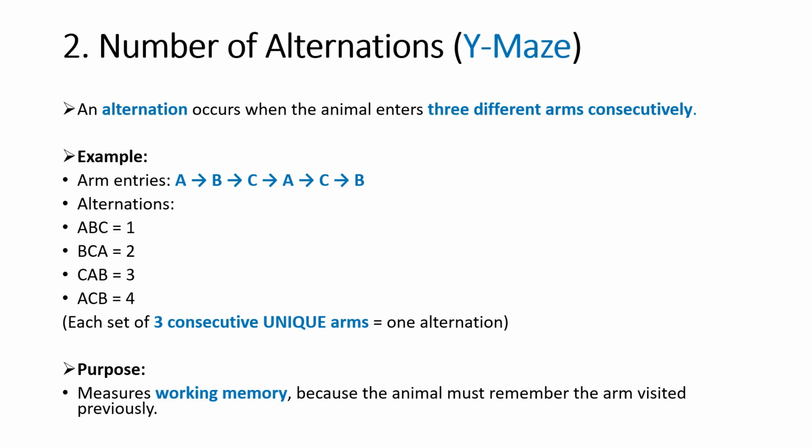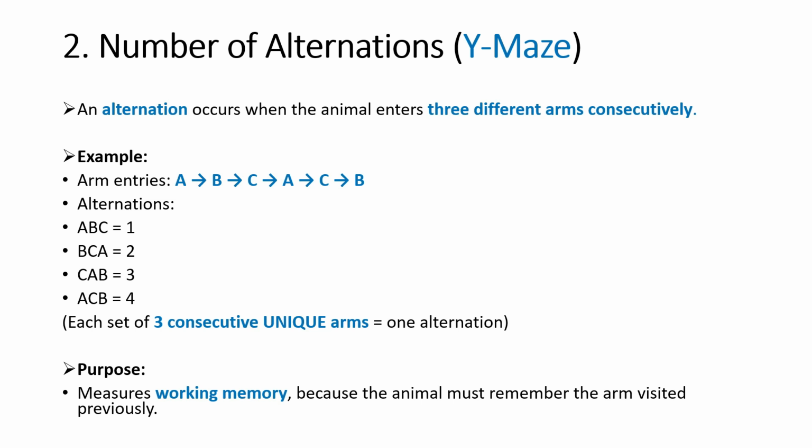Each set of 3 consecutive unique arms is 1 alteration. If it is visiting C, A, C, then it is not an alteration. If it is visiting C, A, B, then it is 1 alteration we have to count. Like that, all the possible alterations you have to record as per the animal's positions.